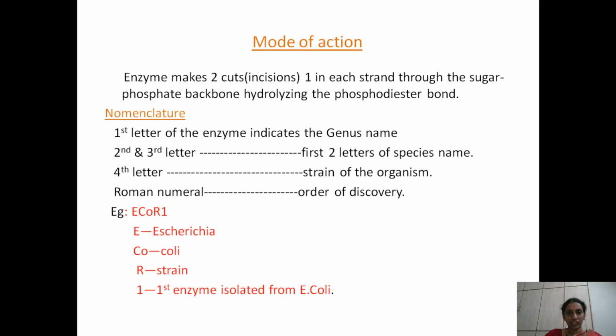Coming to mode of action. Enzyme makes two cuts or incisions, one in each strand through the sugar phosphate backbone, hydrolyzing the phosphodiester bond. So, the function of enzyme, how does this enzyme act on DNA? Enzyme makes two cuts, as we have seen in previous slide.